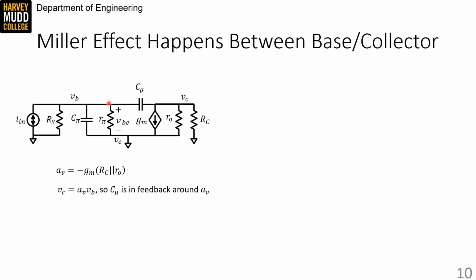And that means that C mu is in feedback across that amplification. All of these other components are acting like the funny triangle, and C mu is in feedback because it directly connects Vb to Vc. So we're going to try to find a Miller representation for C mu and then attach that to ground, so to take the Miller approximation for this circuit.